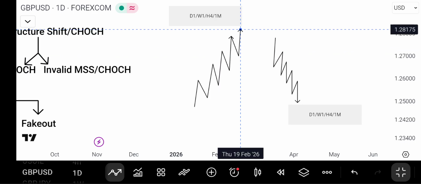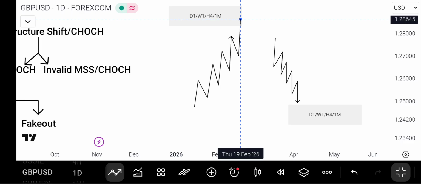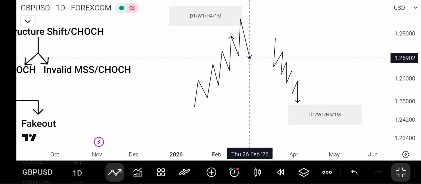If this uptrend moves into one of these order blocks, either the daily, weekly, H4, monthly, or higher, a breaker block, any supply or demand zone which is higher time frame, then you look out for a structure shift.